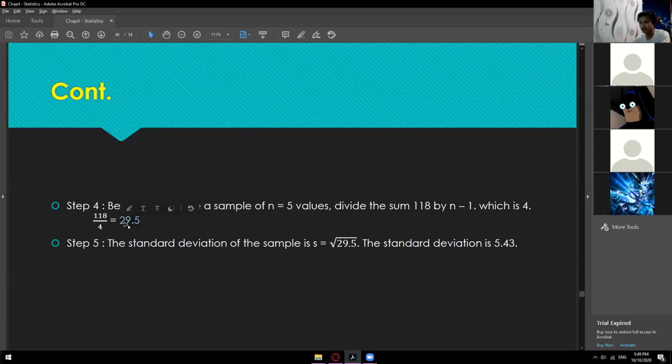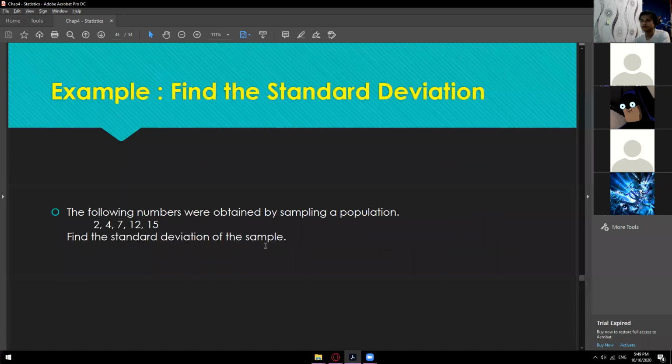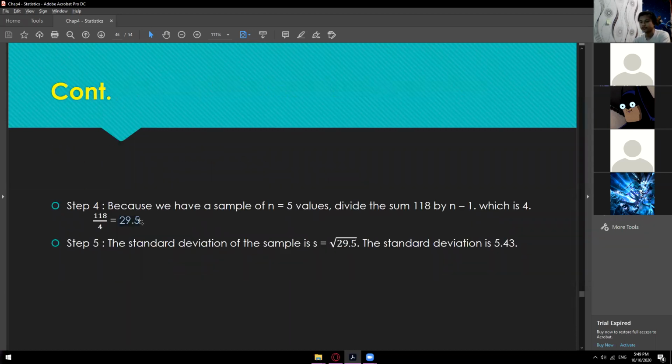Okay, which is 29.5. So, ito yung variance ng itong example na to. Okay, which is the step number 4. And then kapag ini-square root nyo to, itong step number 4, you will get the standard deviation, which is 5.43.